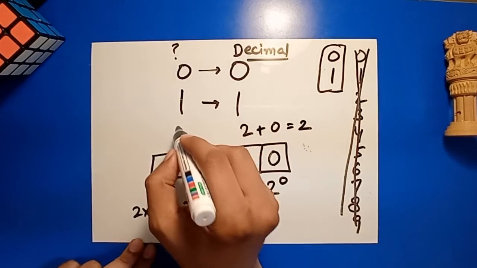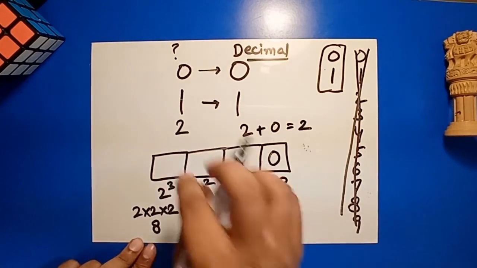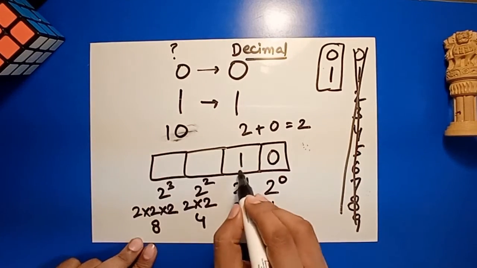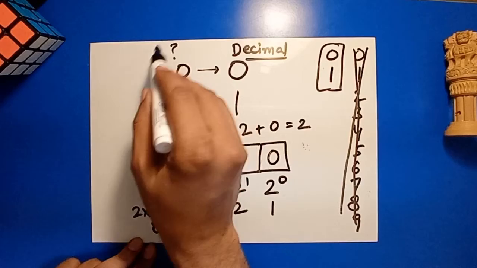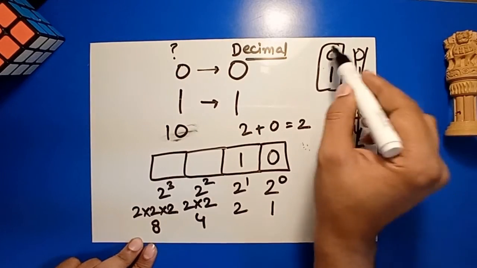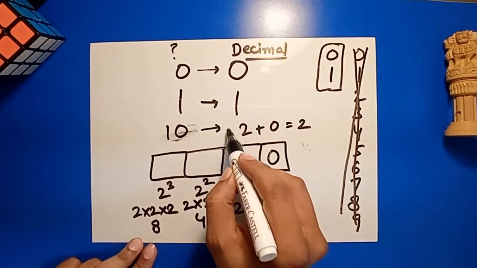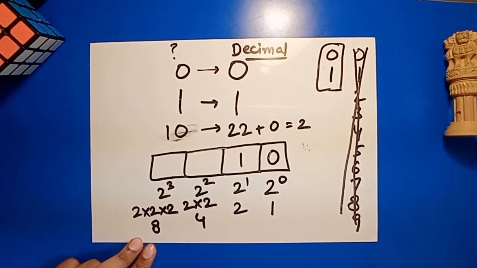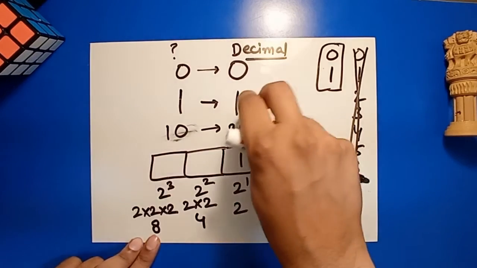So 1 0 in this number system which has only 2 digits is same as 2 in our decimal number system.